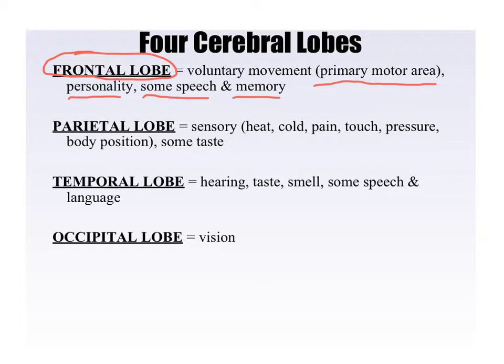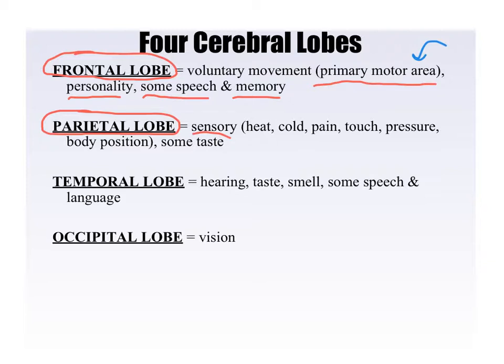Now the parietal lobe, which is located just posterior to the frontal lobe. Remember, they were separated from each other by the central sulcus. So in the frontal lobe we had the primary motor area, or the primary motor cortex.